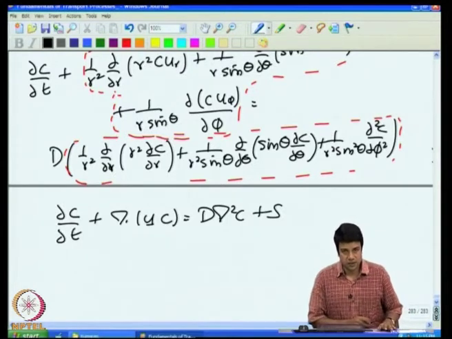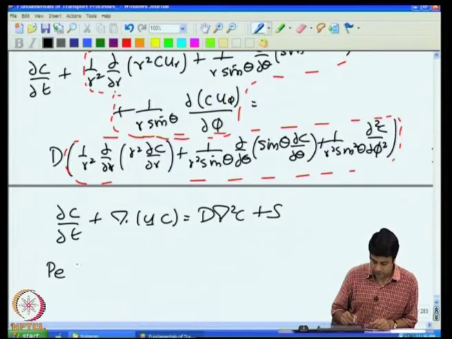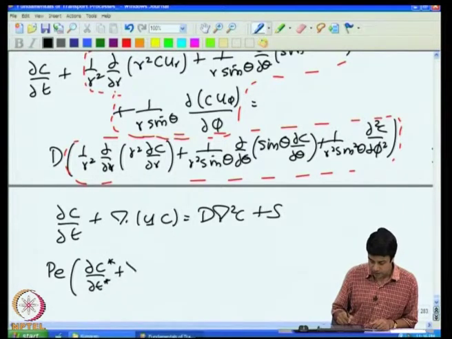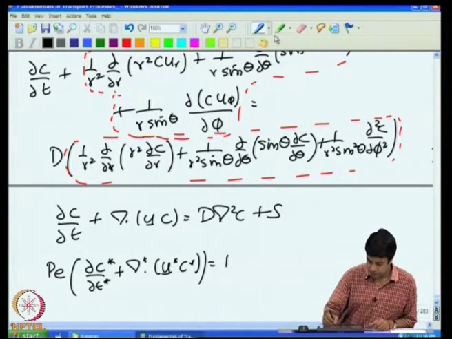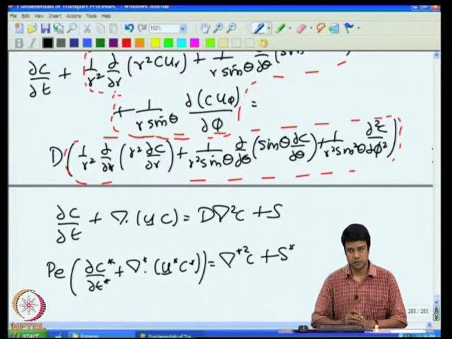Now, if you scale this equation by a characteristic length and a characteristic velocity, you will get an equation of the form Peclet number times dc by dt plus del dot u c is equal to del square c plus a scaled source or sink.